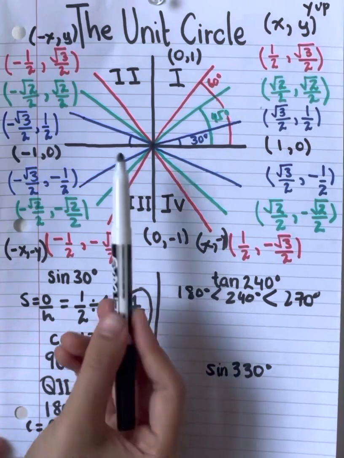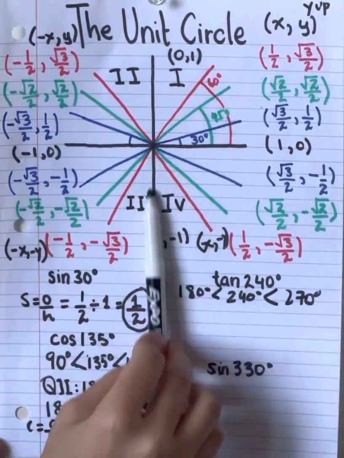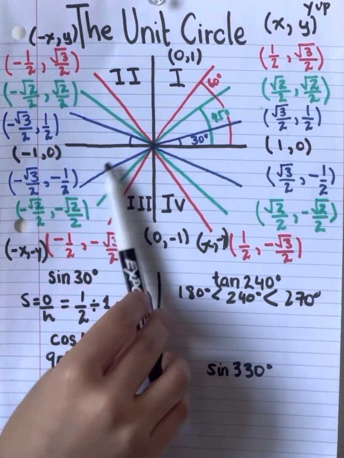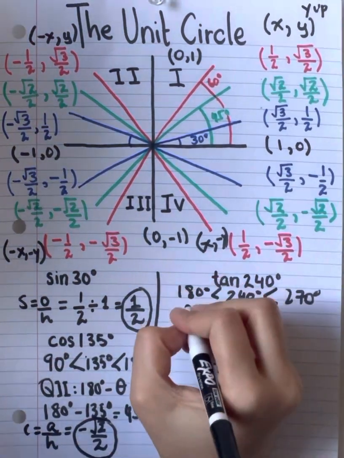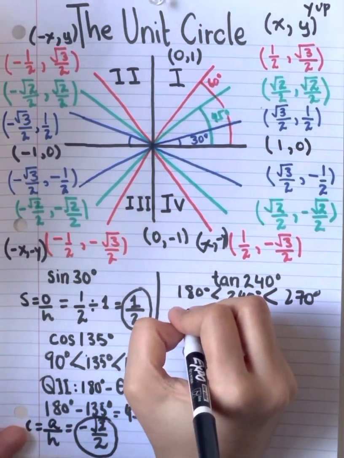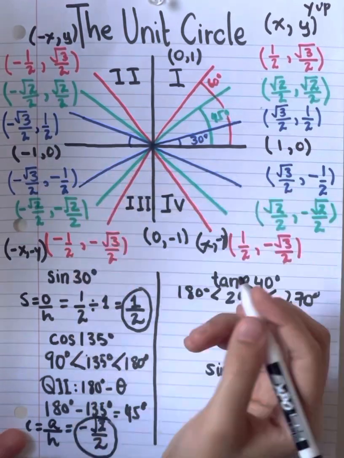So it's somewhere in the third quadrant, because 180 is here, 270 is here. It's greater than 180, but less than 270. Now, for that, all we have to do is find out the reference angle in quadrant 3.